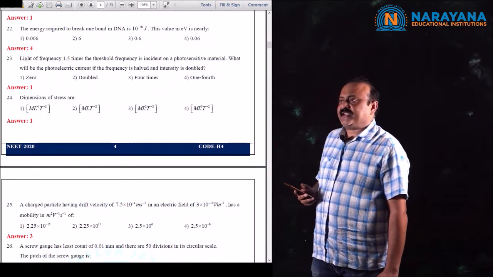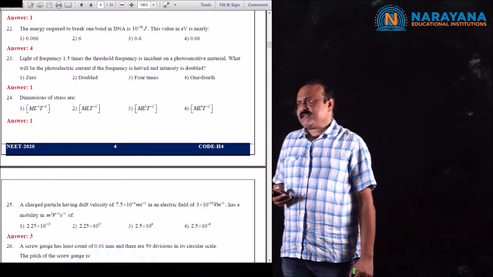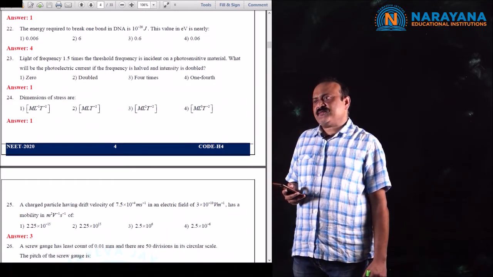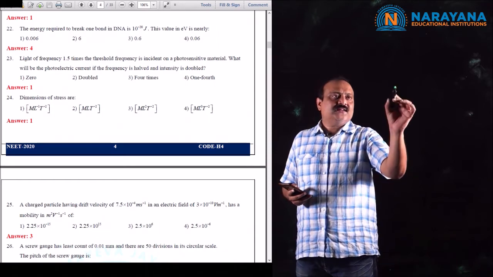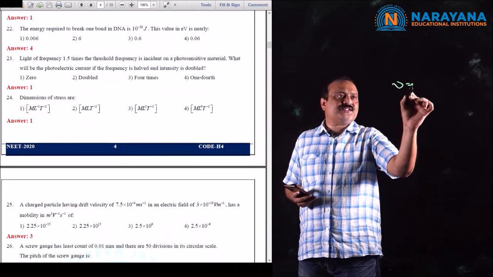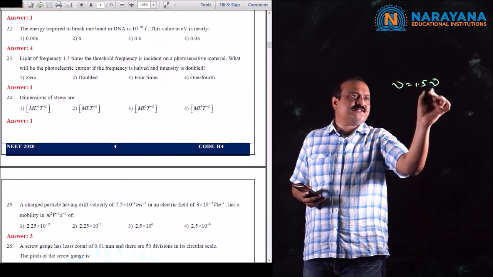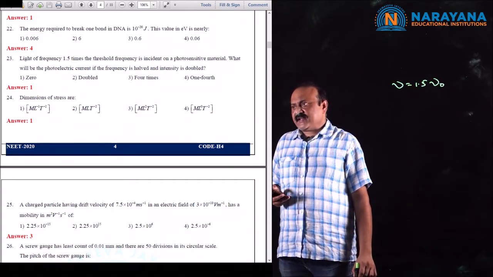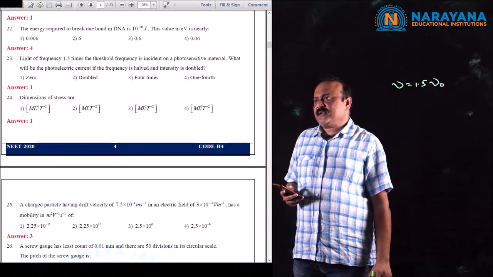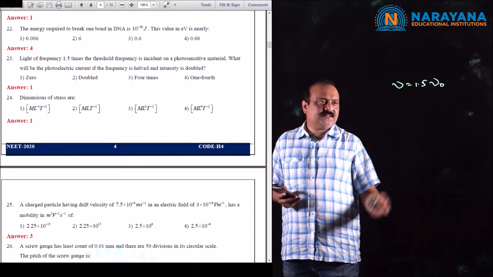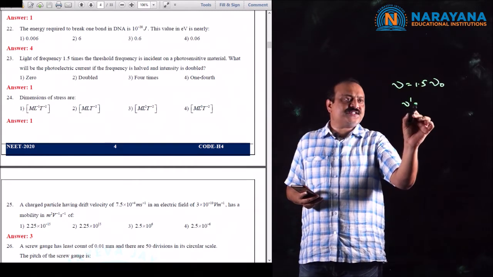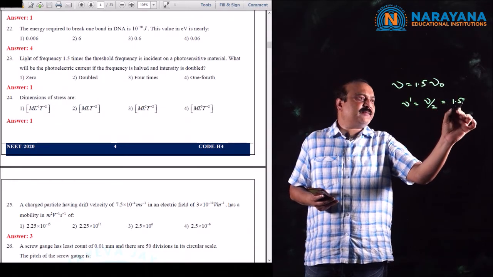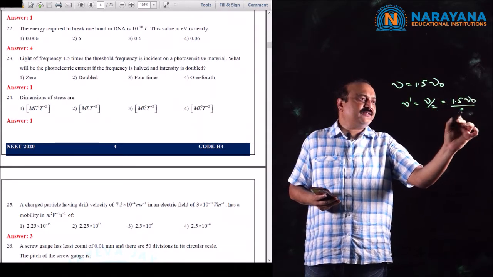Question number 23. Light of frequency 1.5 times the threshold frequency is incident on a photosensitive material. Frequency of light is nu equal to 1.5 times nu naught. What will be the photoelectric current if the intensity is doubled and frequency is halved? So frequency nu dash is equal to nu by 2, that is equal to 1.5 nu naught by 2.